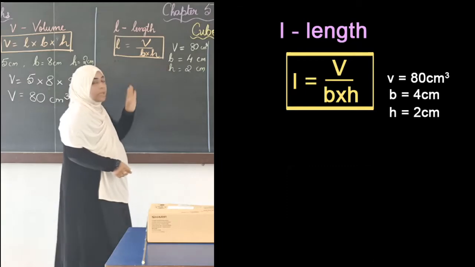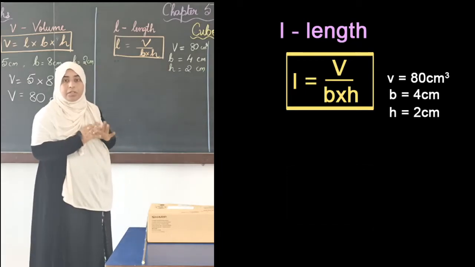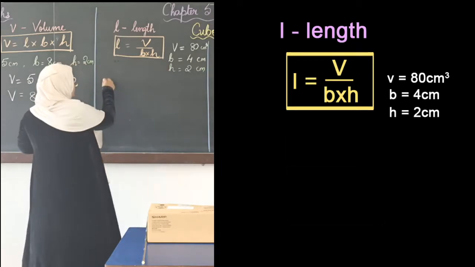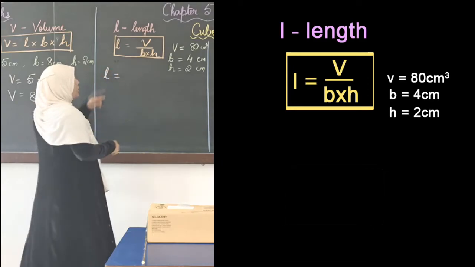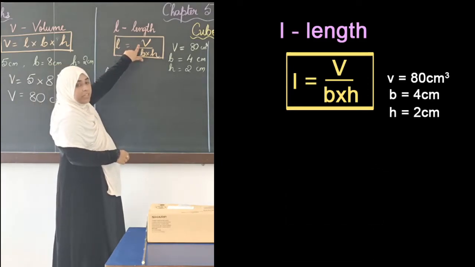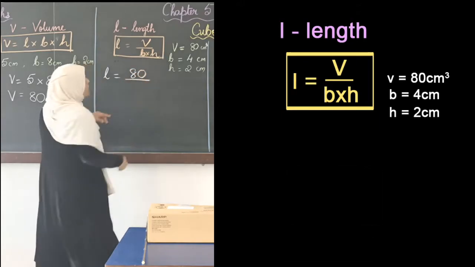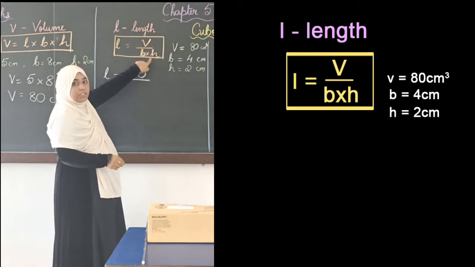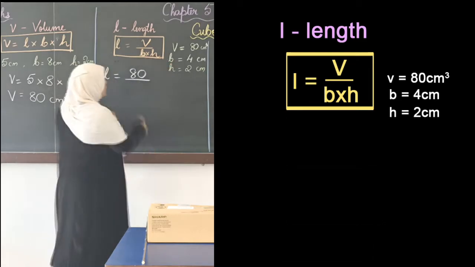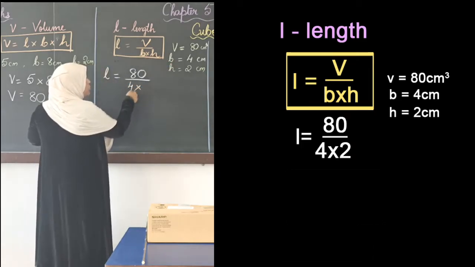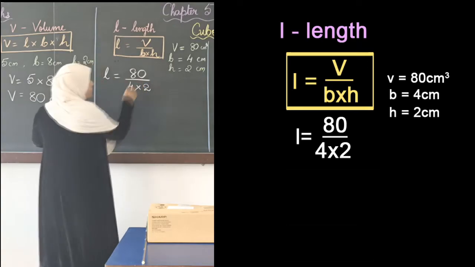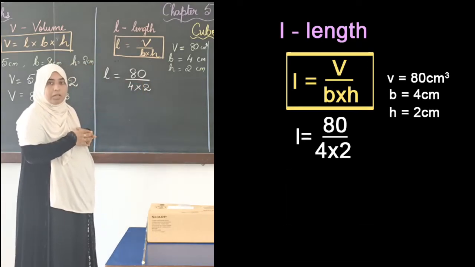Let us use this and find the length of the cuboid. Okay. So, L is equal to, according to the formula, V, that is 80, upon width into height. Width is 4 into height is 2. Okay, I have put the values in the formula.